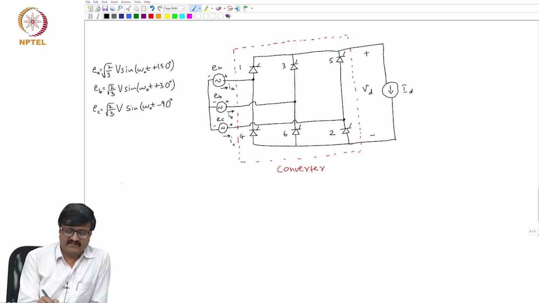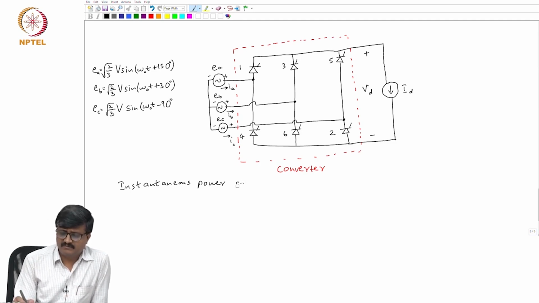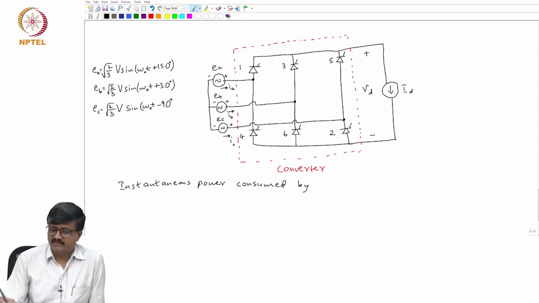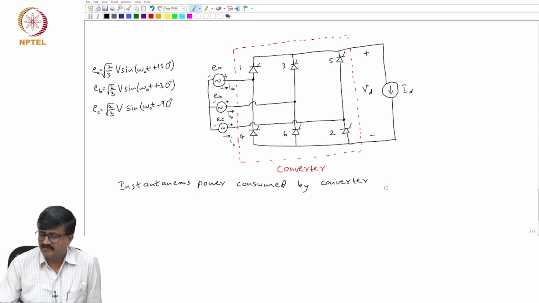Suppose I take the instantaneous power consumed by the converter on the AC side.